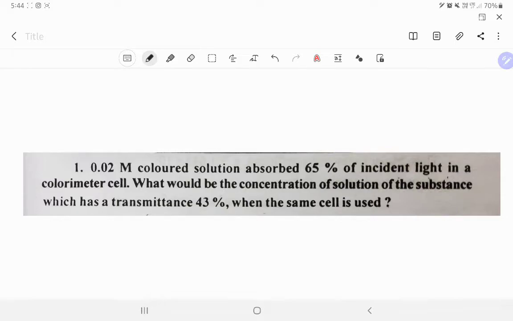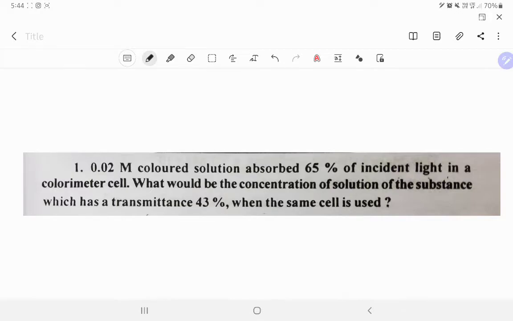Another solution which has a transmittance of 43%. Okay. Now what is its concentration? You have to determine its concentration.